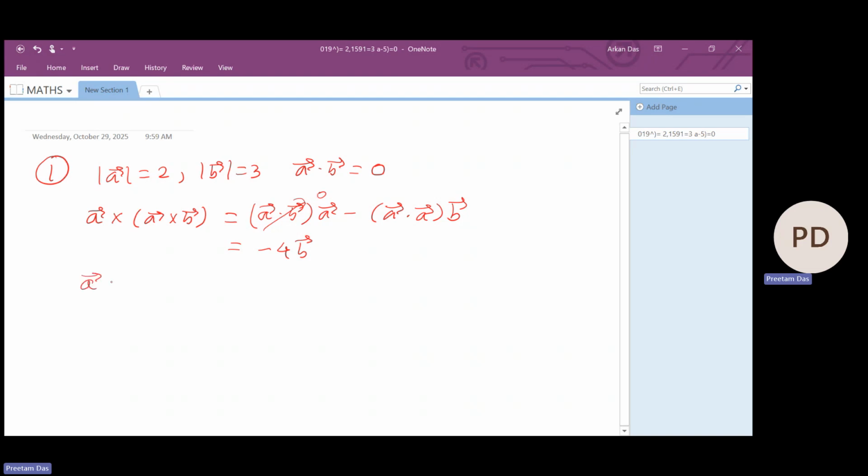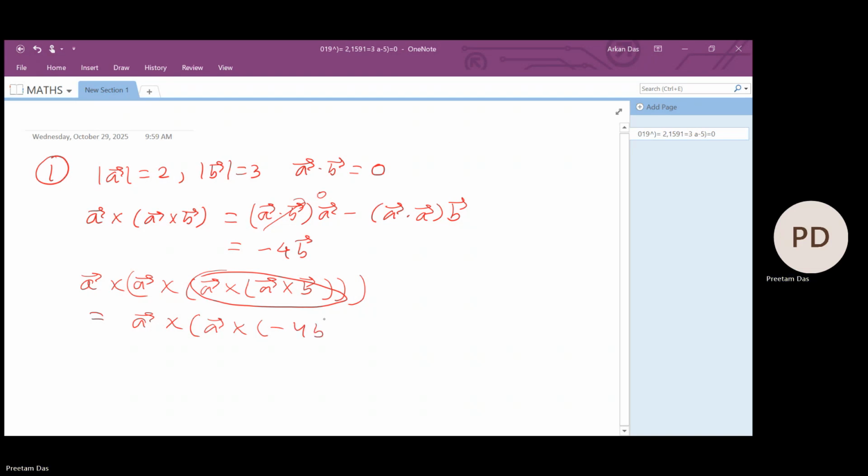Now the expression that we are given in the question, this is the expression that is given. So what will be the value of this expression? Now this we have already calculated. It will be A cross minus 4B.